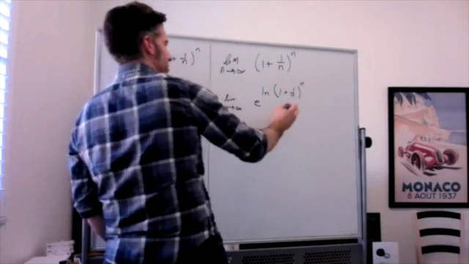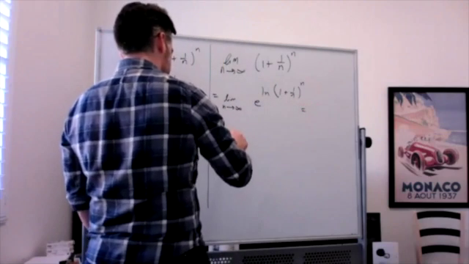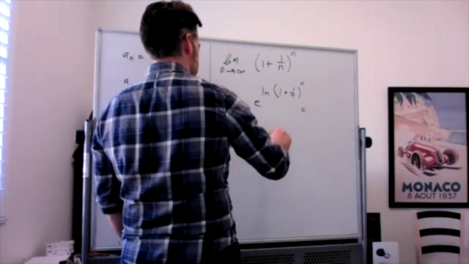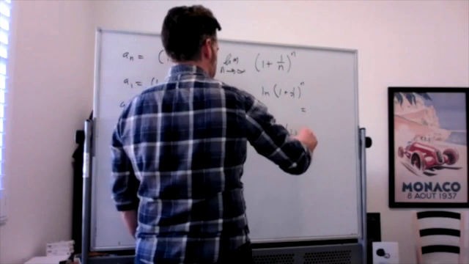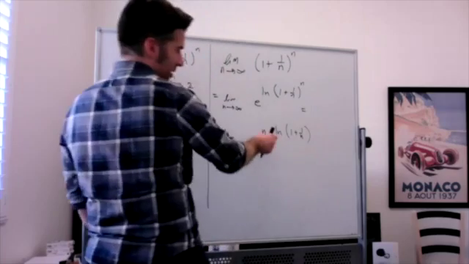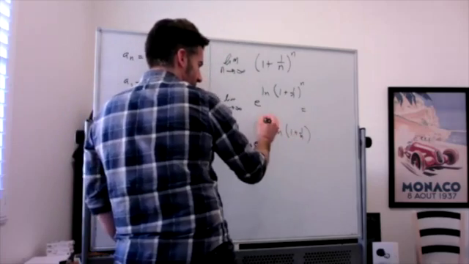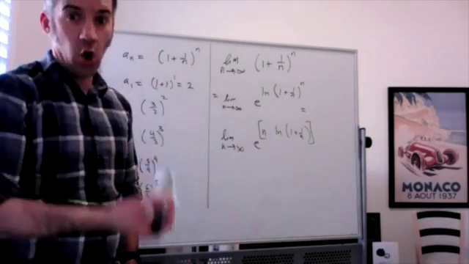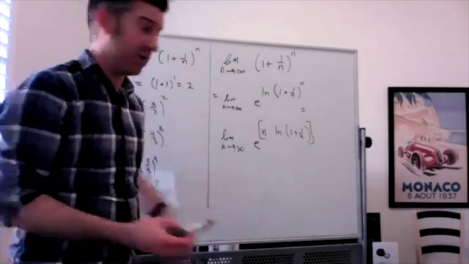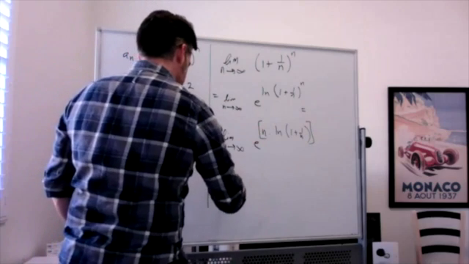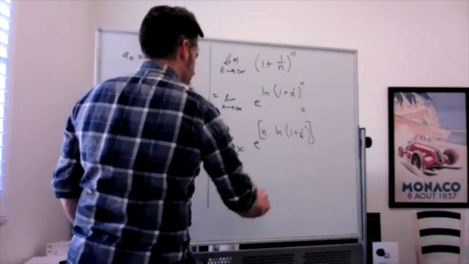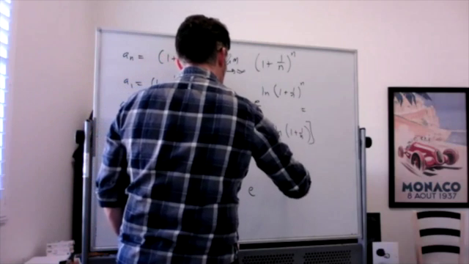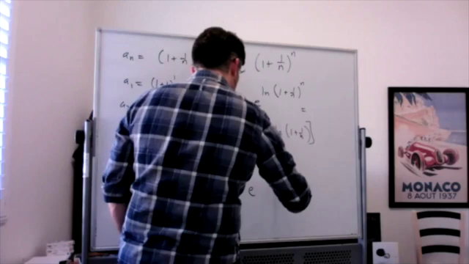Then we bring the n down, so it's e to the n times the natural log of (1 + 1/n). Then we bring the n to the denominator of this exponent, writing it as the natural log of (1 + 1/n) over the reciprocal of n, which is 1/n.